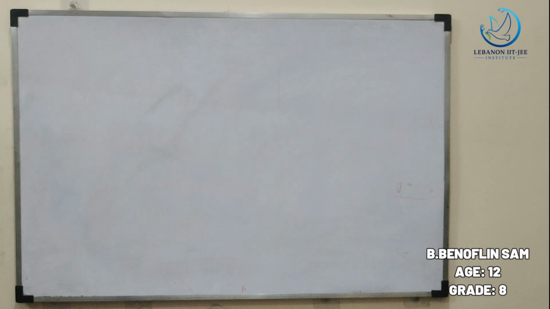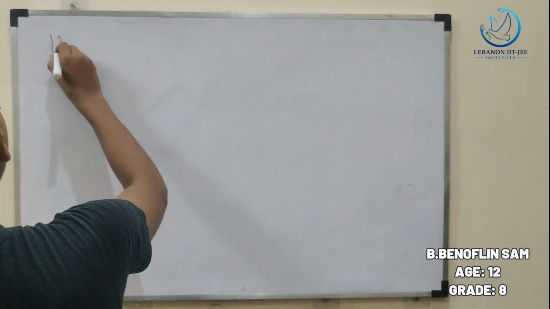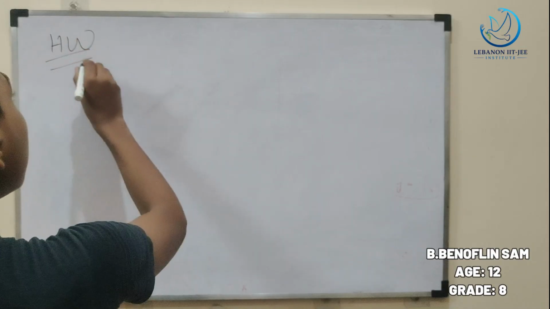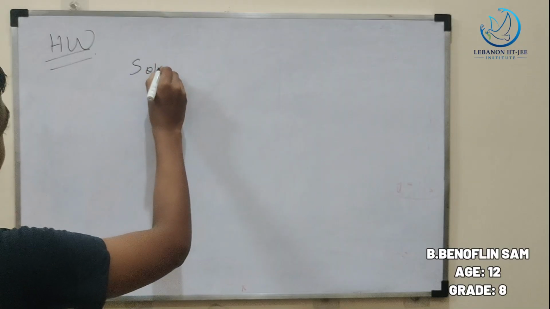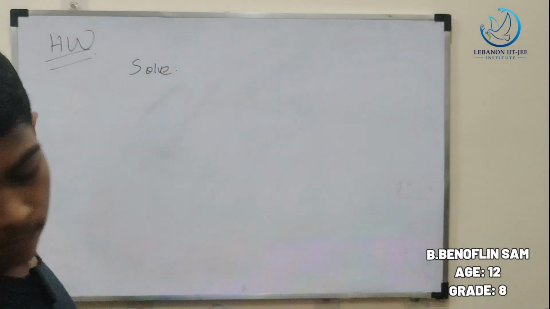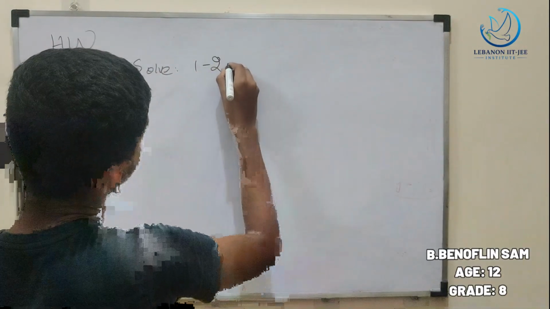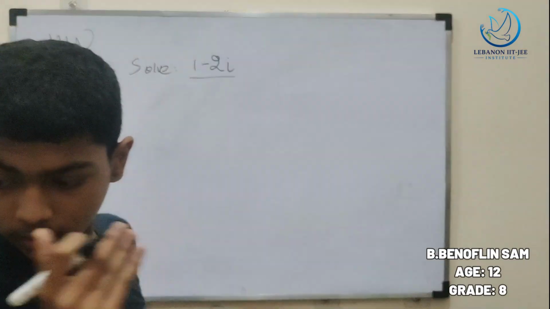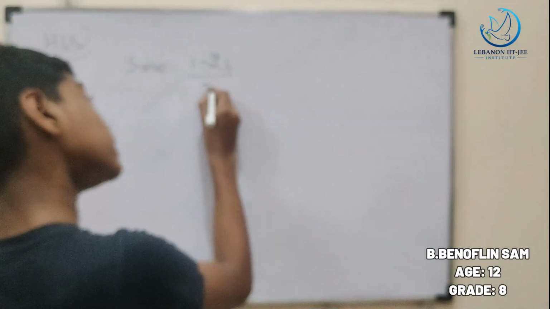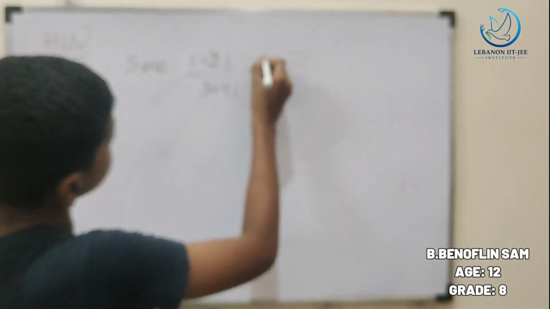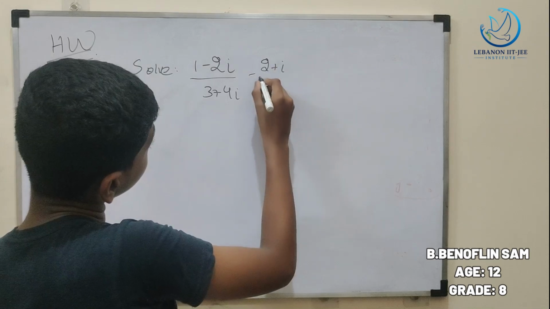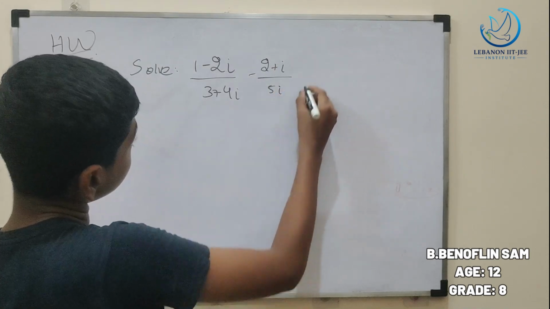Just don't overthink it. Homework: solve (1 minus 2i) by (3 plus 4i) minus (2 plus i) by 5i.